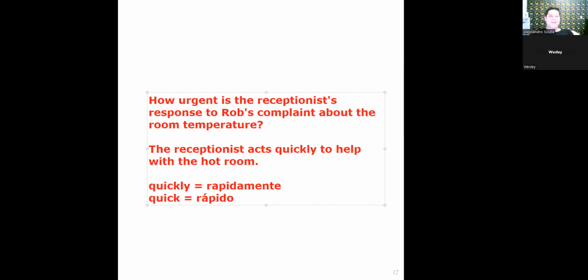The question now is, besides sending someone to fix the air conditioning, besides, quer dizer, além de. Besides sending someone to fix it, which means to fix the air conditioning, what else could the receptionist have offered to alleviate the situation?